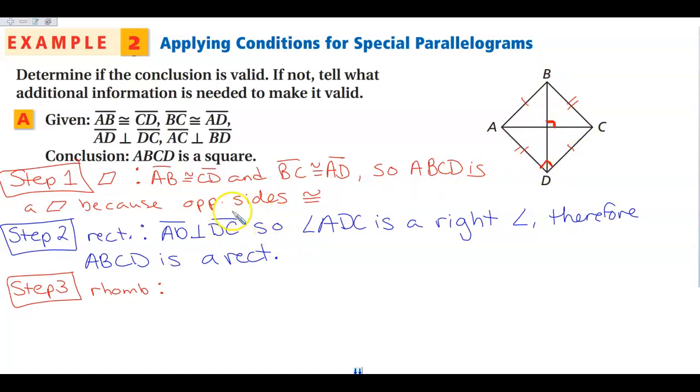Okay, so we have that AC is perpendicular to BD. So my diagonals are perpendicular. Because my diagonals are perpendicular, we have a rhombus.